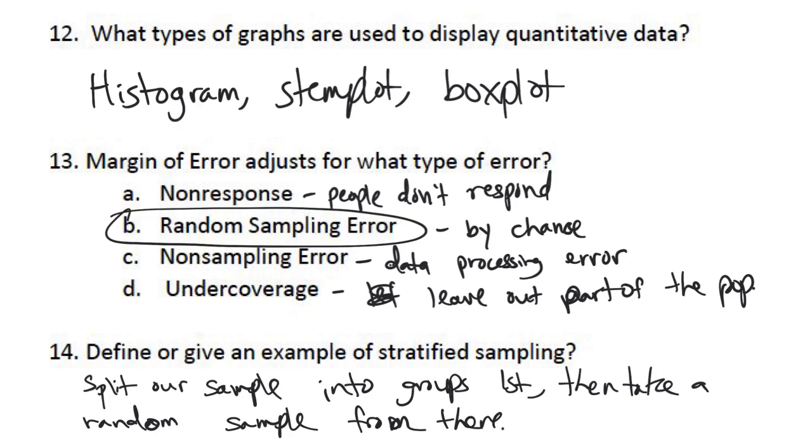It would be like if we were looking at students at West High School, and we split up freshmen, sophomores, juniors, and seniors. Then from the freshmen, we took 25 random students. From the sophomores, we took 25 random. From the seniors, we took 25, and from the juniors, we took 25 random. That would be stratified sampling.